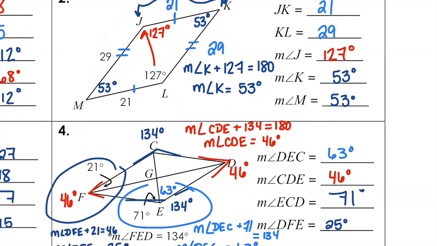J and M should be supplementary. And J and K should be supplementary. Consecutive angles are supplementary. Opposite angles are congruent. That's about as tricky as this is going to get, is trying to mess with you in angles. Not too bad, right?